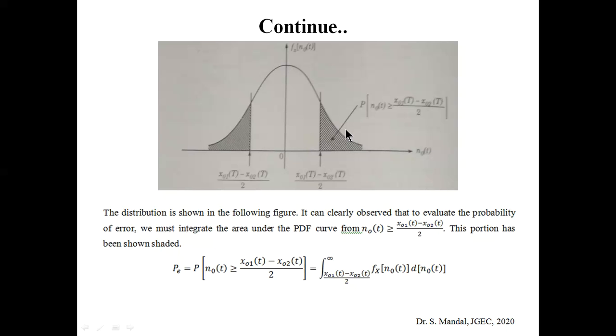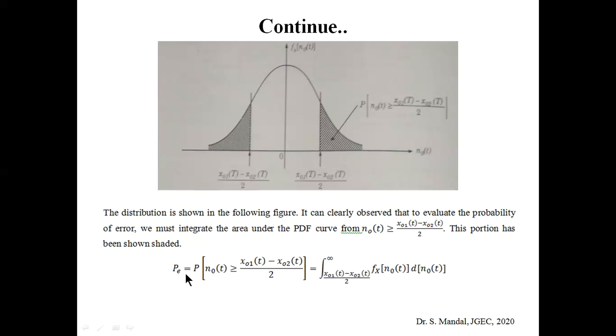So how can we get this value? To evaluate the probability of error, we must integrate the area under the PDF curve from n0 greater than or equal to (x01t - x02t)/2 up to infinity. That means we want to find the area under this curve.